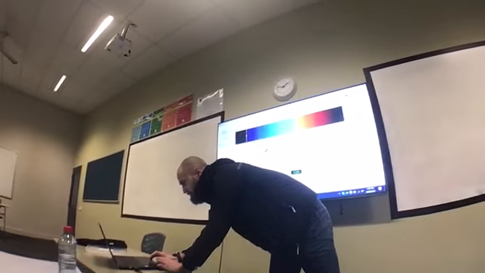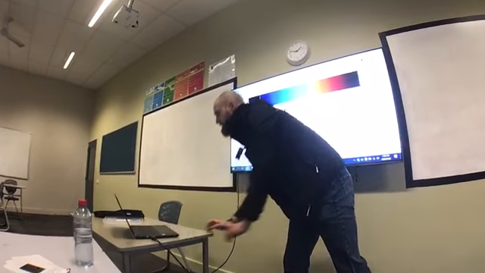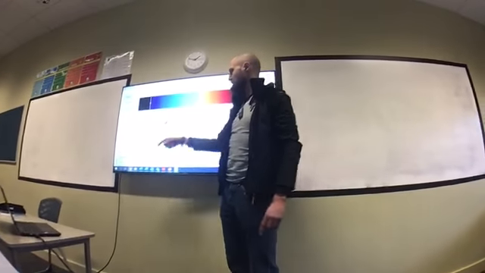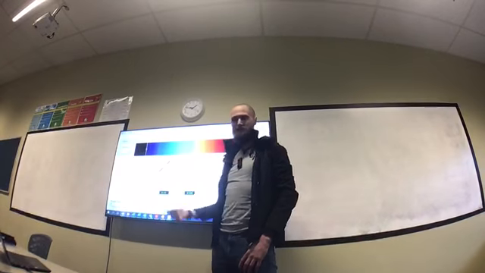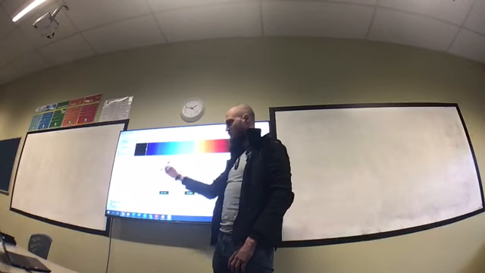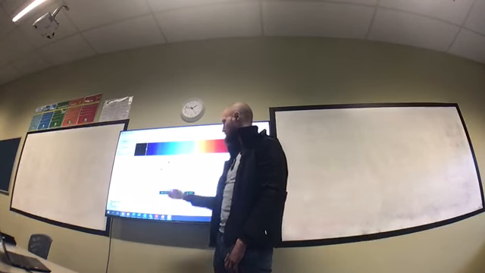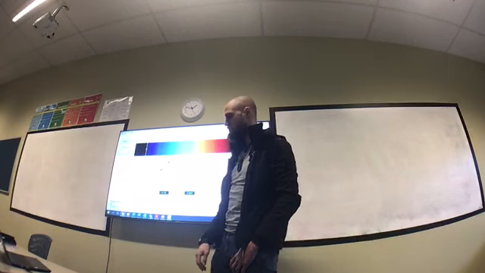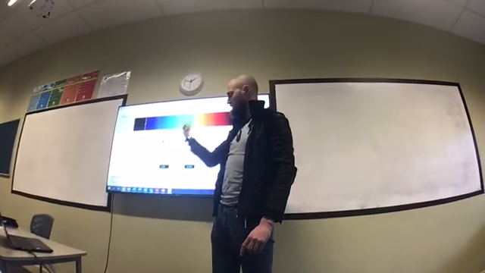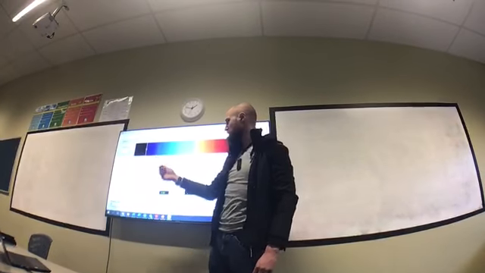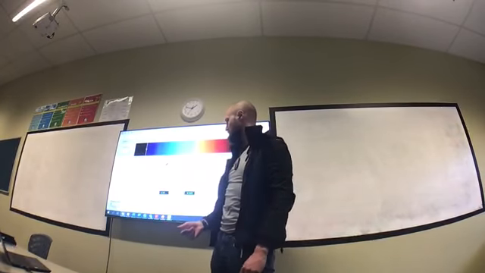So if I up the photon density, you can see I'm getting more and more photons coming in. They look like they're moving faster, but you should know that they're moving at the speed of light. It's just that there are more of them coming in, and they show that by speeding up the process. If I have a low intensity, you can see they're coming in less and less, getting fewer photons per second. That's what lower intensity tells me.